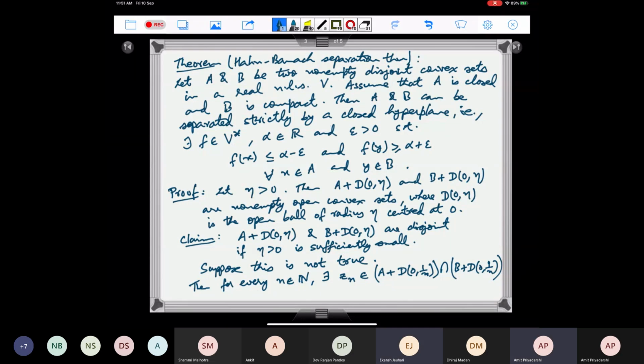No, I don't know. In general, you cannot say that you can separate by balls, right? Because that theorem only says that there exist some open set containing A and an open set containing B, such that the intersection is empty, right?